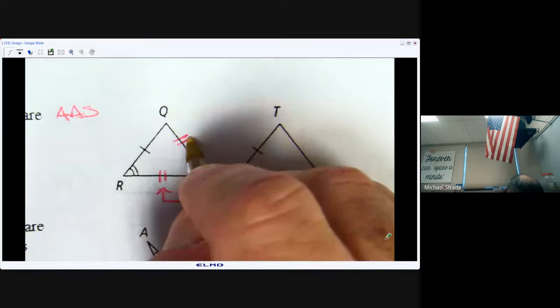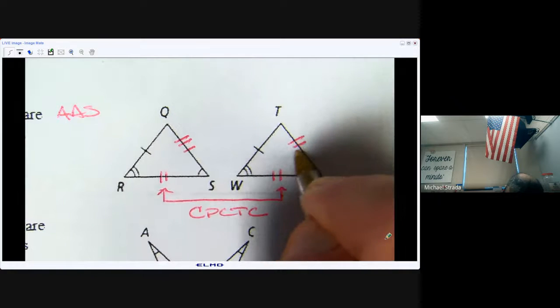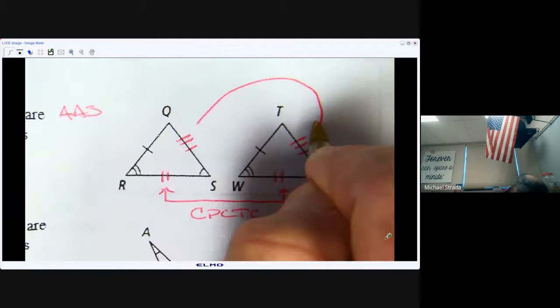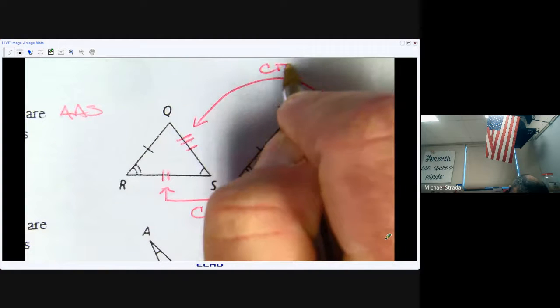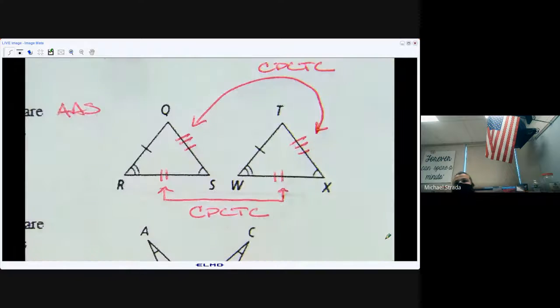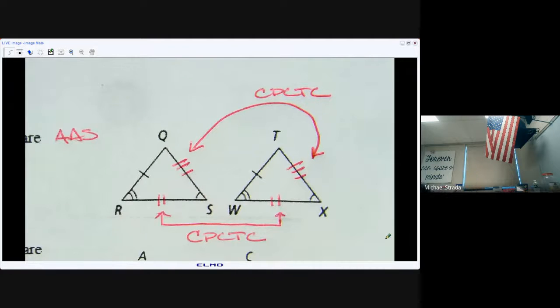We can say that QS is congruent to TX by what? CPCTC. All right. We can also say what two angles are congruent. Q and T. Do we need CPCTC to do that? No. Of course, what's the other one? All right. So that's the idea behind it.